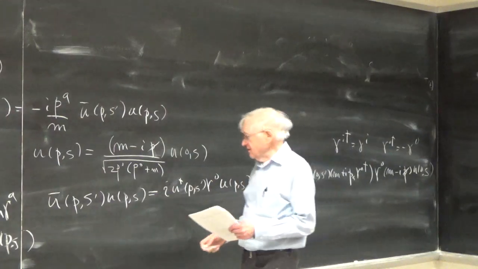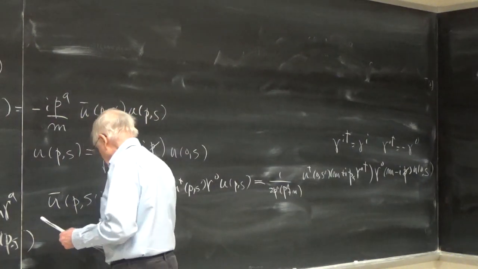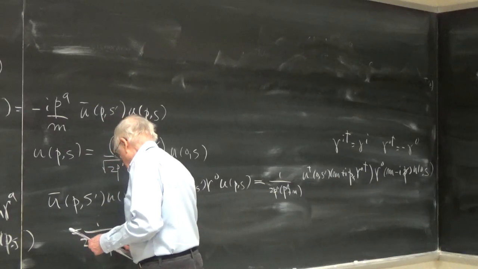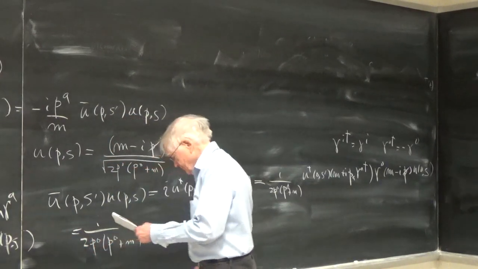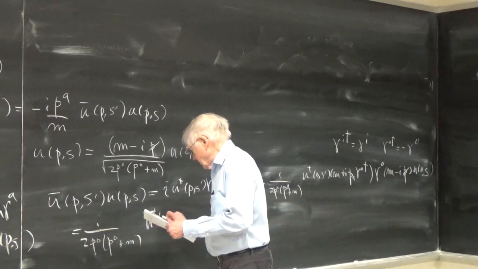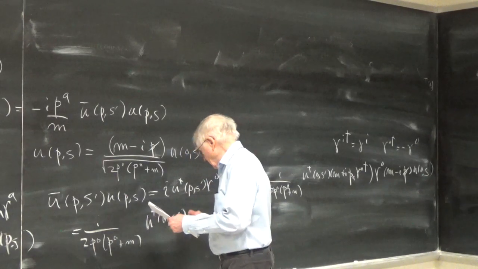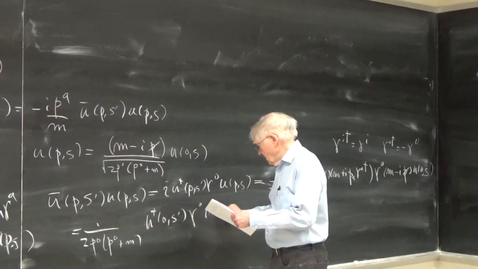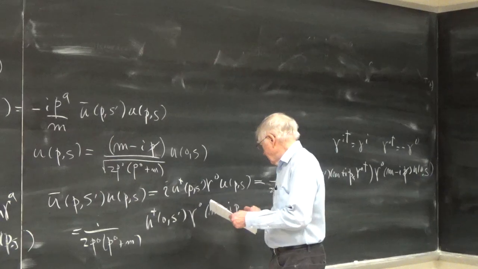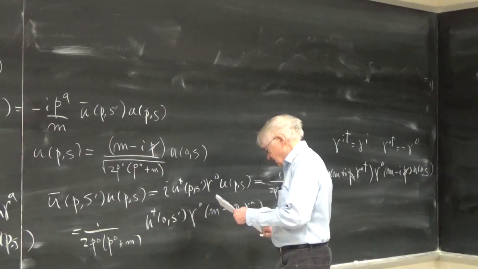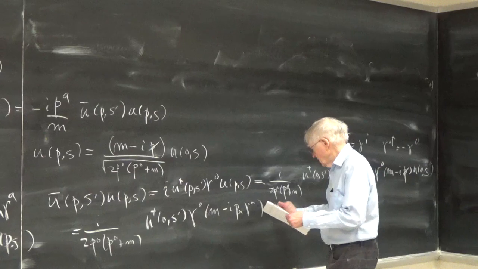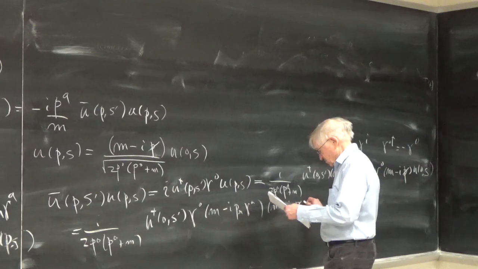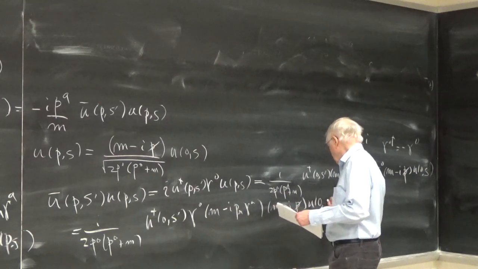The net result is that this is equal to I over 2P0, P0 plus M, U dagger of 0 and S prime, gamma 0, M minus I, PA, gamma A, M minus I, P slash, U of 0 and S.